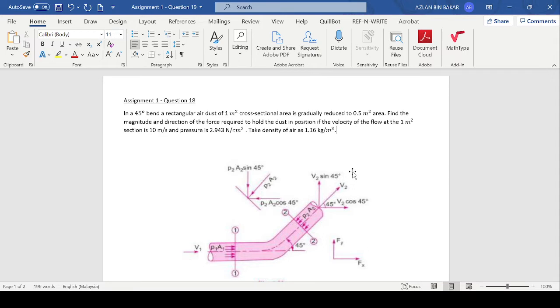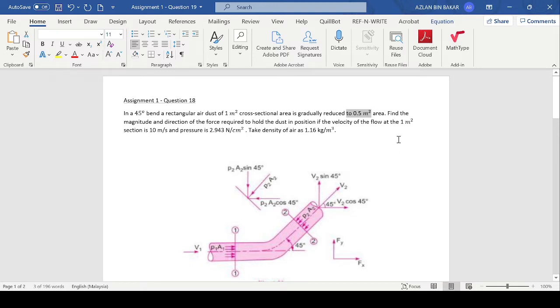Today I will teach how to answer question 18 in assignment 1. Question 18 shows a 45-degree bend of rectangular air duct, whose 1 meter square cross-sectional area is gradually reduced to 0.5 meter square.